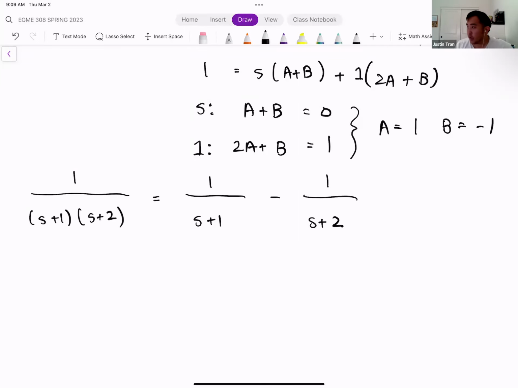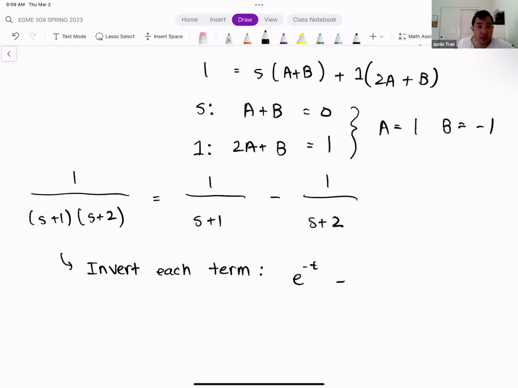Now let's take the inverse of this. If we invert each term, let's invert the 1 over s plus 1 first. That's going to be e to the minus t.